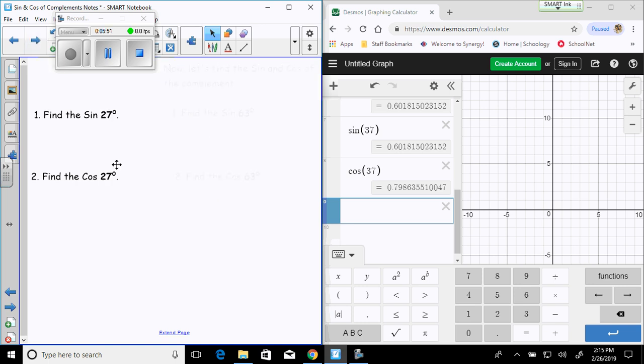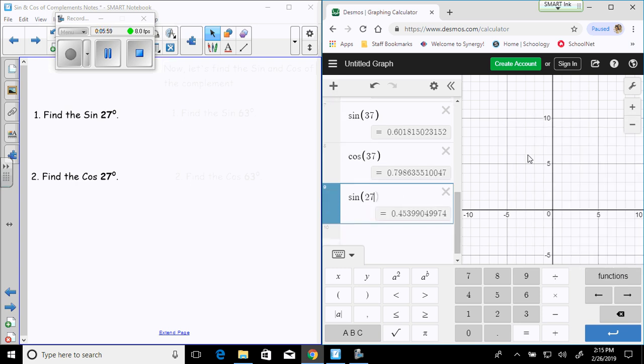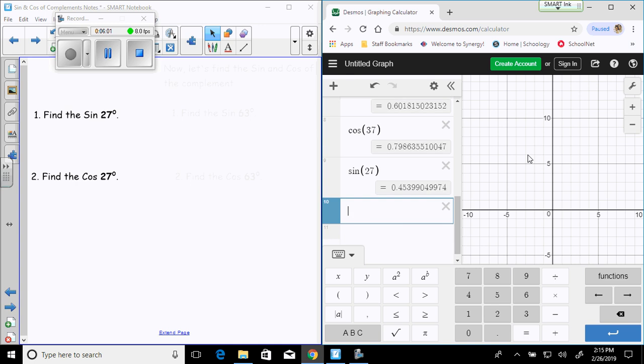All right, so let's try it one more time. Let's do the sine of 27. We get roughly about 0.45.